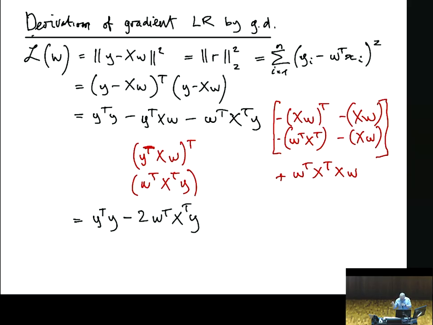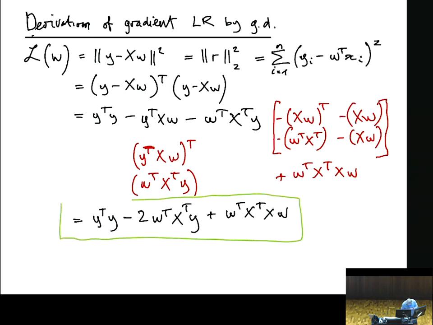Those are the two terms that we pull together. And then we have the product at the end, which is w transpose x transpose x w. So this gives us an expression for the loss function in matrix vector terms.